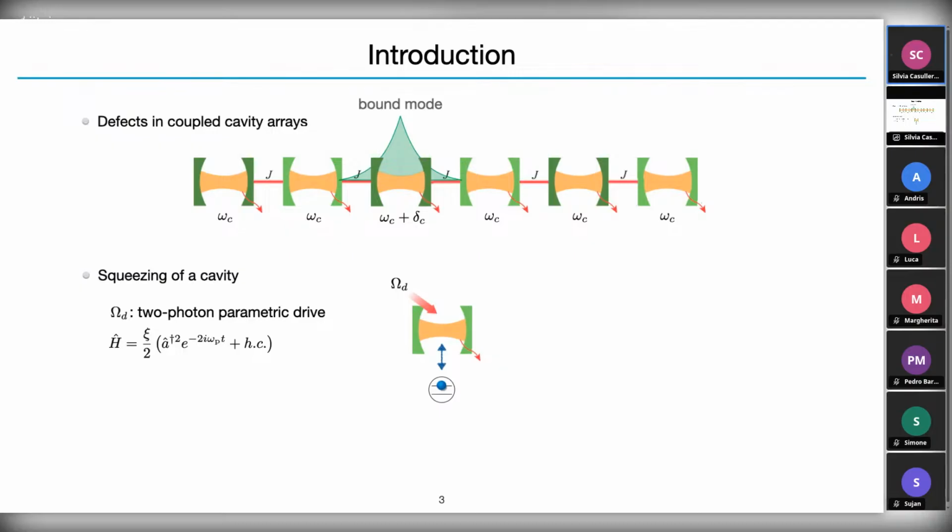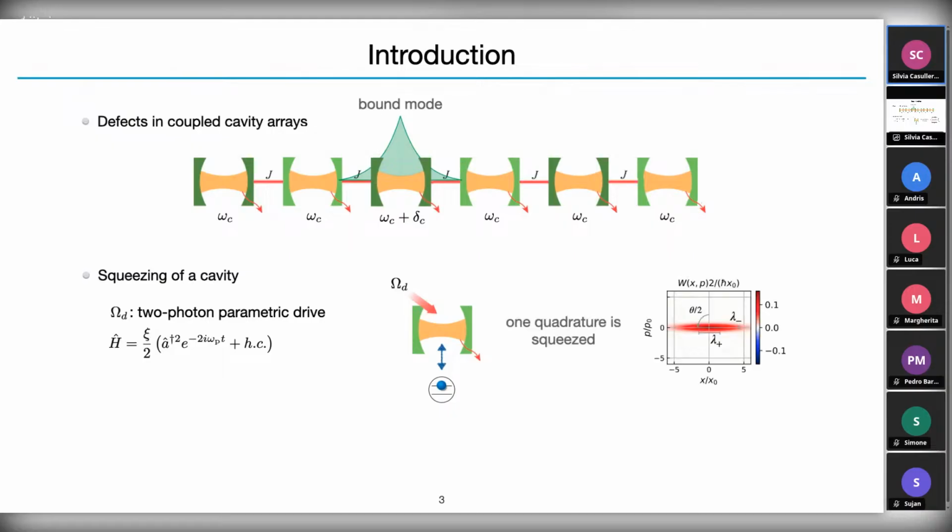So this is a laser field that is implementing a Hamiltonian like this one, which is not like a linear drive that would be proportional to creation of one photon, but proportional to creation squared. And this is happening at twice the frequency of the pump that you're putting in this laser. And this kind of Hamiltonian is coming from these two-photon parametric drives.